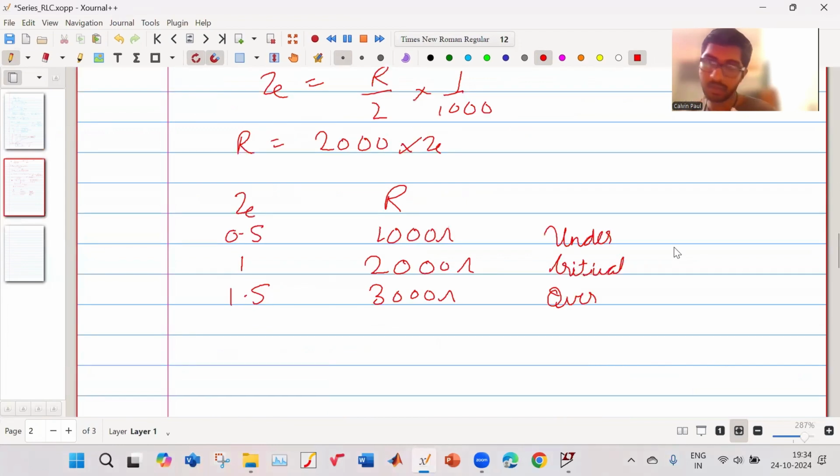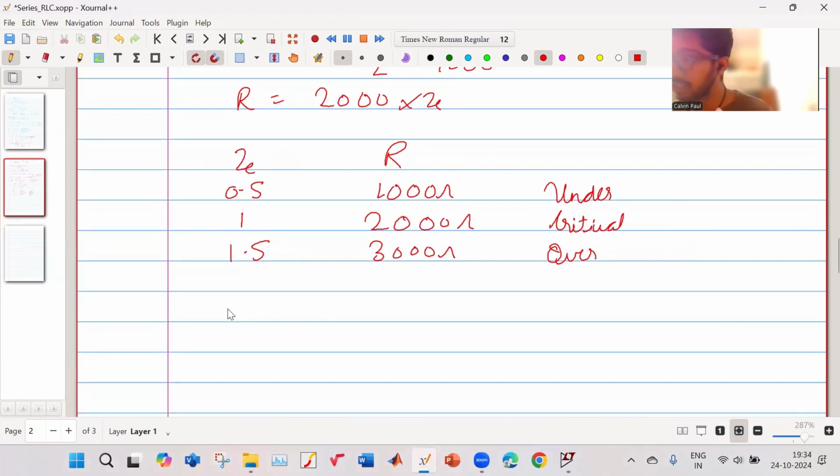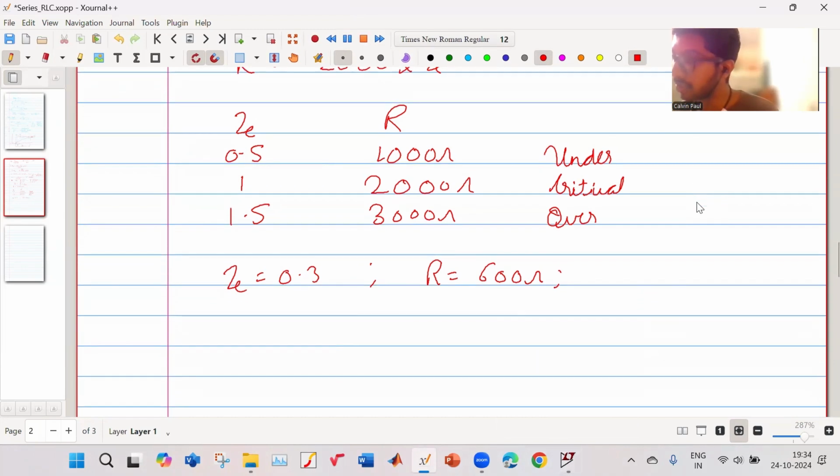Now, we will consider a case when the damping is 0.3. Okay, when the damping is 0.3, my R should be 600 ohm. And we will see what will be the overshoot, etc. So let us first do some calculations. What will be my settling time?